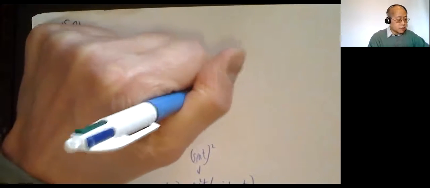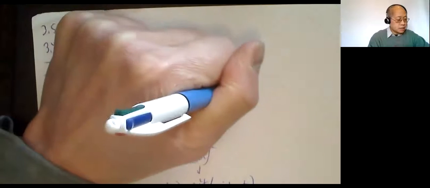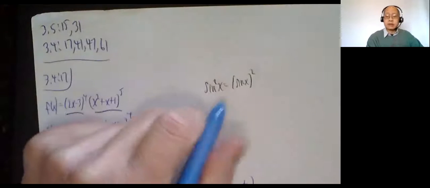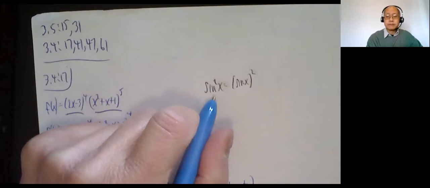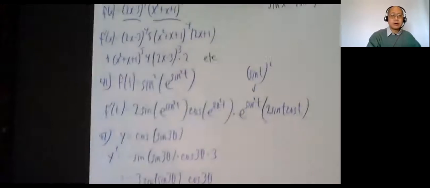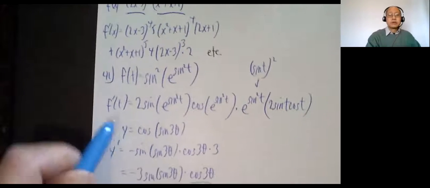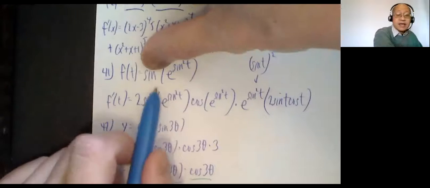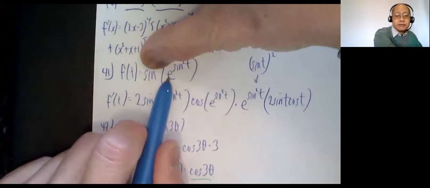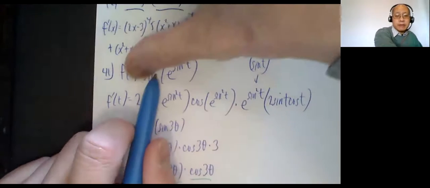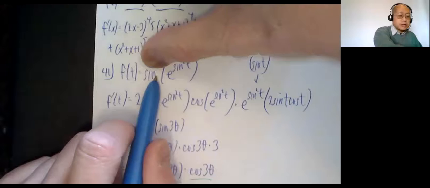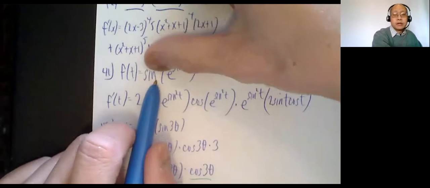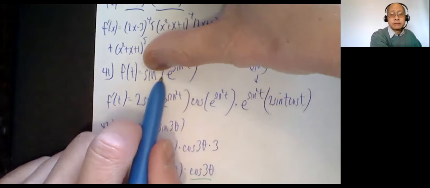If I say sine squared x, it means this, right, from trigonometry. So the outermost function is the squaring function. It's really this thing squared when we write sine squared of blah, blah. So the outside function is the squaring function. It's blah, blah, blah squared.